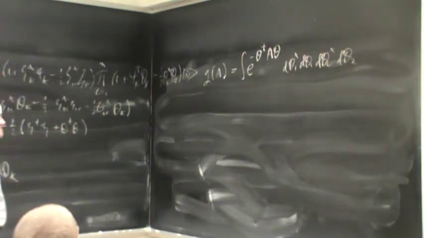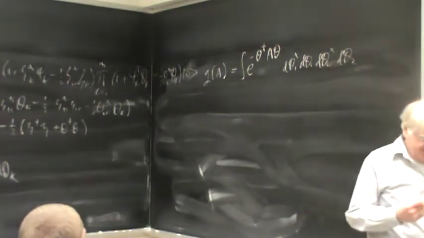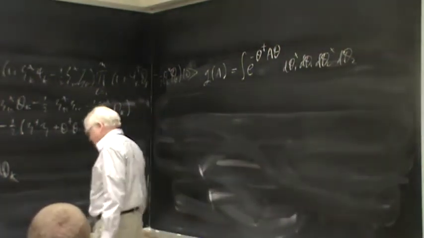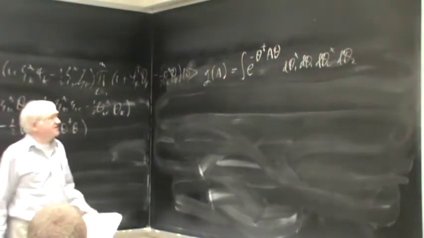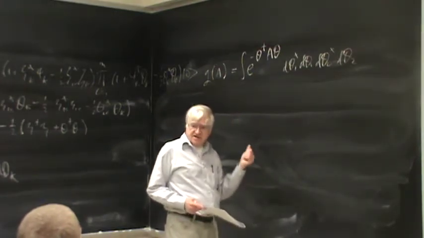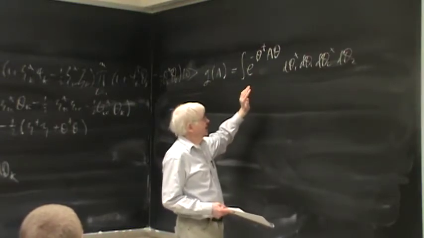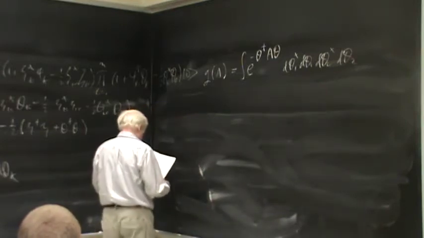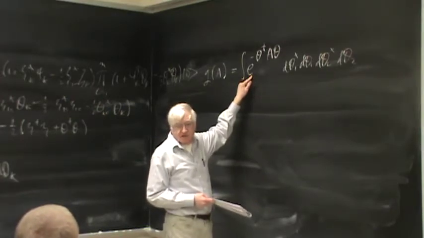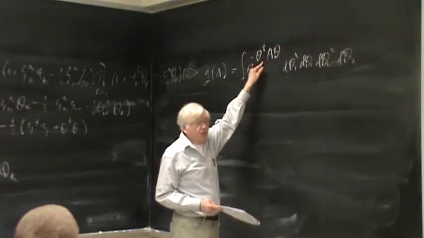Okay, so let's expand this exponential. Because we have these marvelous integral tables, which mean that everything is 0 or 1, the only term that survives is a term that has theta 1 star, theta 2 star, theta 1, theta 2. So in particular, the first term is 1, which integrates to 0. The next term is quadratic in theta, which integrates to 0. You need something quartic.